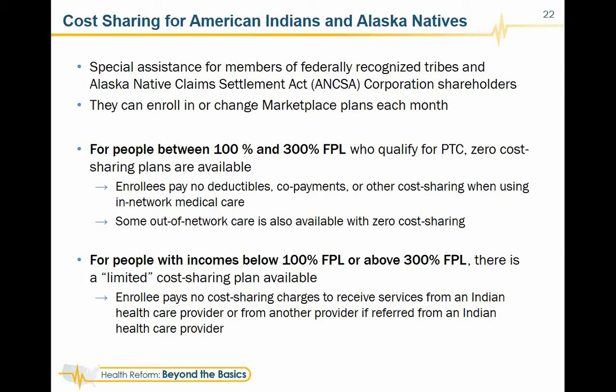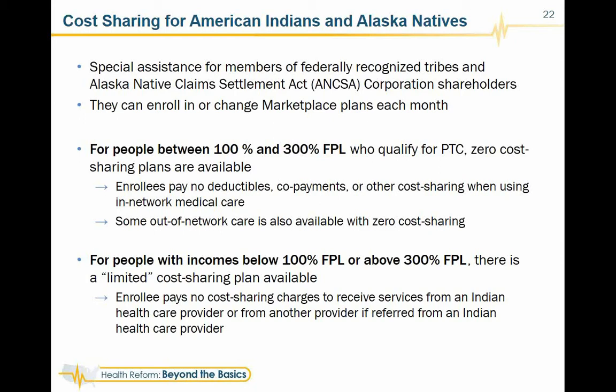And then for people who meet that criteria, who are between 100% of federal poverty and 300% of federal poverty and who qualify for premium tax credits, they can get zero cost sharing plans. So they would pay no deductibles, co-payments, or other cost sharing when using in-network medical care. And some out-of-network care is also available with zero cost sharing.